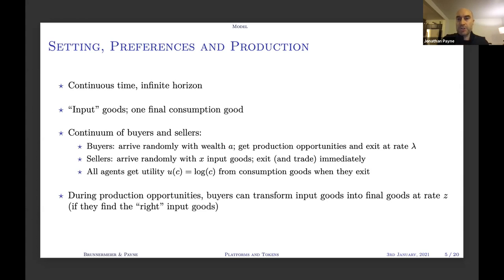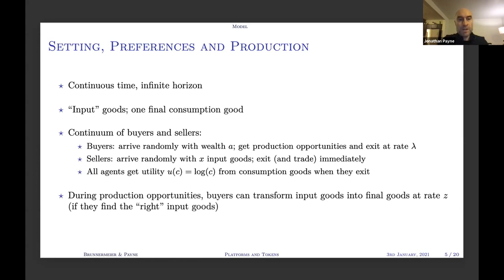And when they get the production opportunity, they then exit the economy. The sellers arrive randomly with input goods, and they exit and trade immediately. So the buyers are long-lived and the sellers are very short-lived. And both the buyers and sellers have the same utility function. They all get log utility from consuming the final consumption good at the point when they exit the economy.